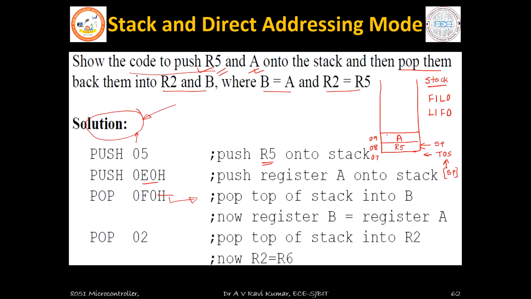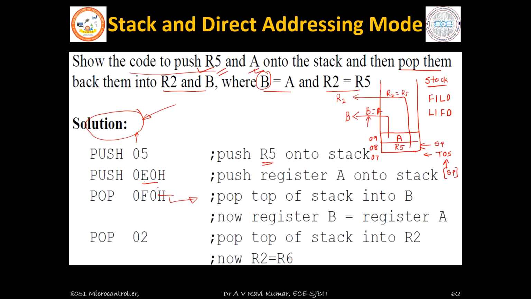Which register should the accumulator content be popped back to? The B register, because B equals A is what I am supposed to do. Similarly, R5 should go into R2, because I have given R2 equal to R5. So first I pop the A content back into the B register.